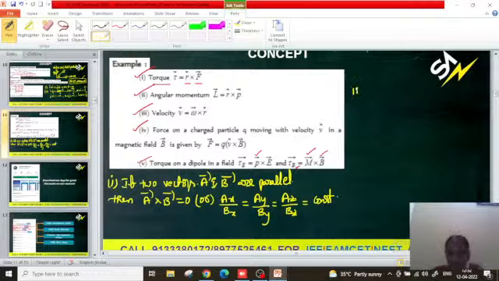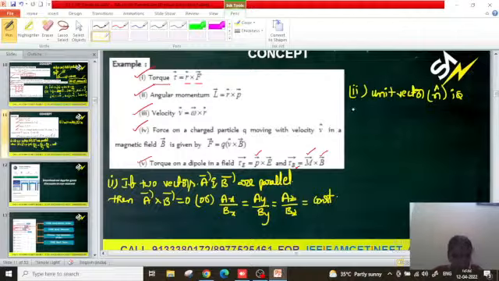which is equal to a constant. And next point, the unit vector n cap is normal to A bar and B bar.